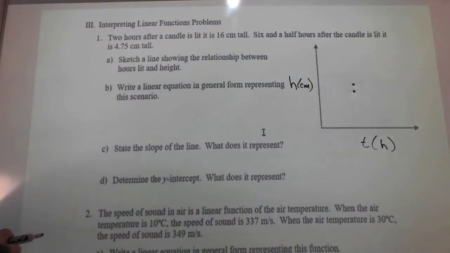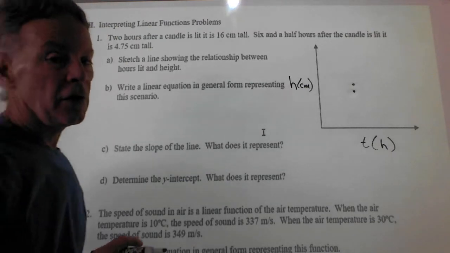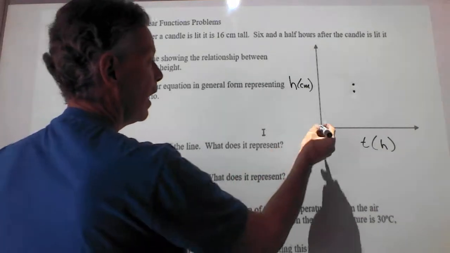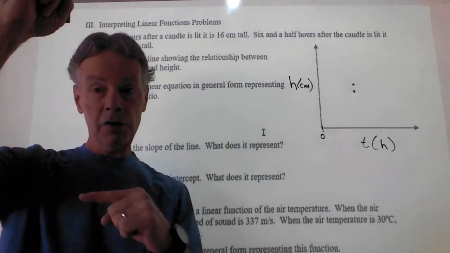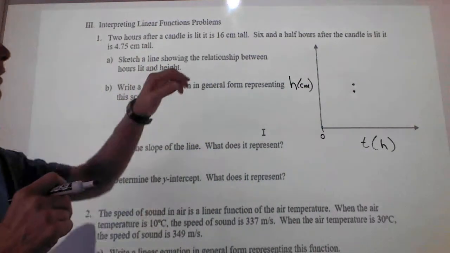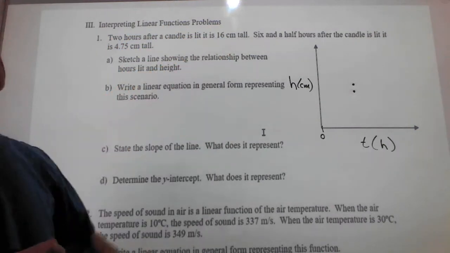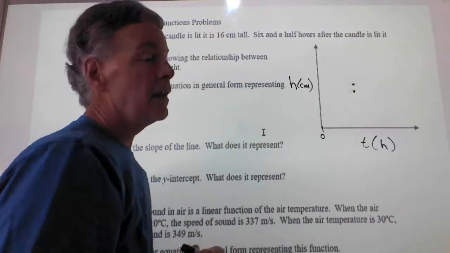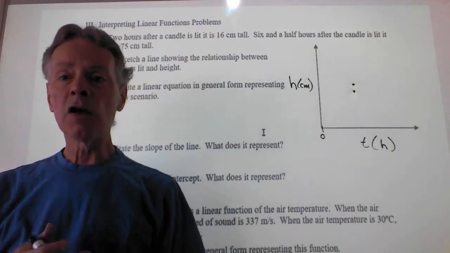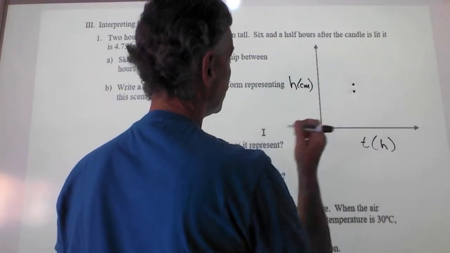So, it says 2 hours after a candle is lit, it is 16 centimeters tall. So, at a time of 0 hours, that candle's going to be taller, right? Because they're telling you it's been burning for 2 hours and it's 16 centimeters tall. So you want to take that into consideration when you set your scale for your heights.